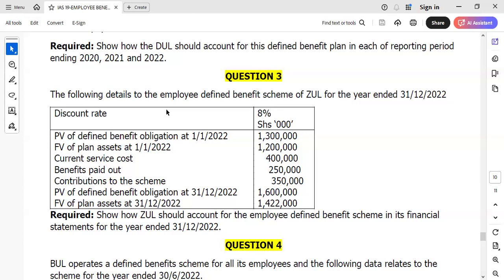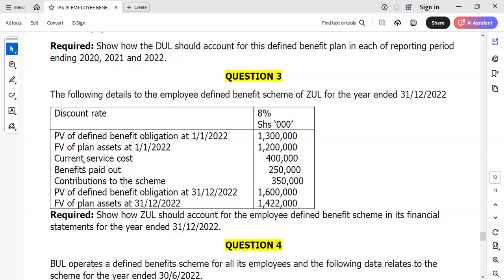And in case you have any other item that appears in the cash flow statement, you tell the examiner that this item must appear in the cash flow statement. It all depends on the question you are handling.